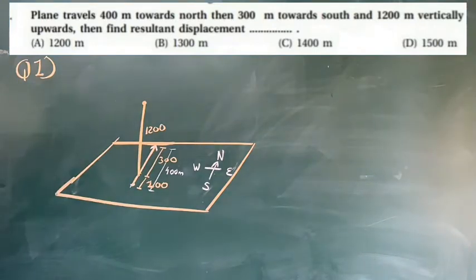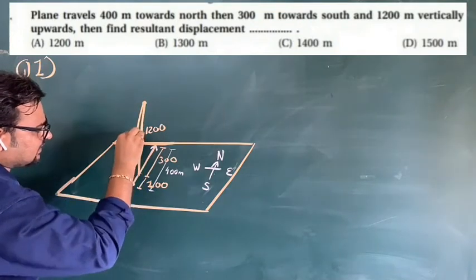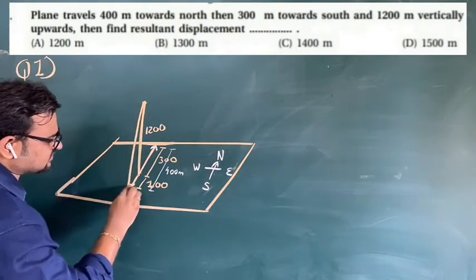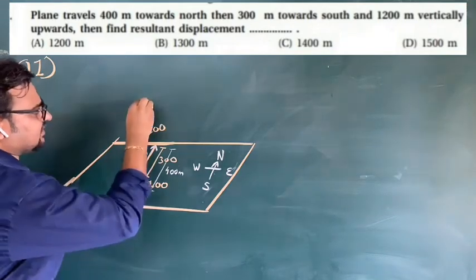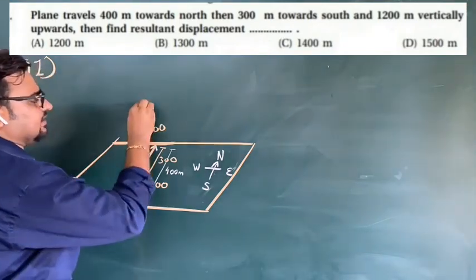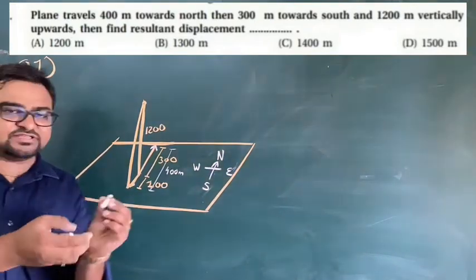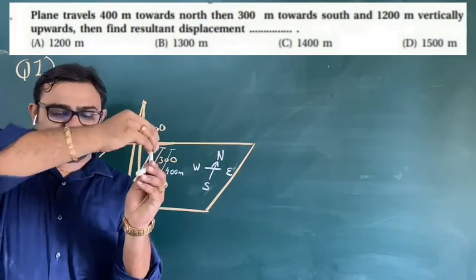Now you have to find the displacement. What is displacement? The shortest distance between initial and final position. So this is the displacement. Now this is a right angle triangle. This is the 100-meter distance and this is the 1200-meter distance.